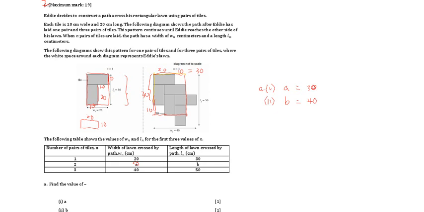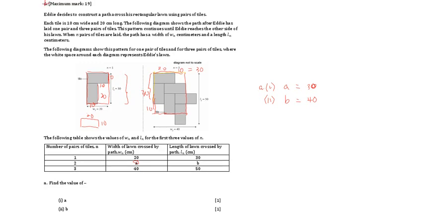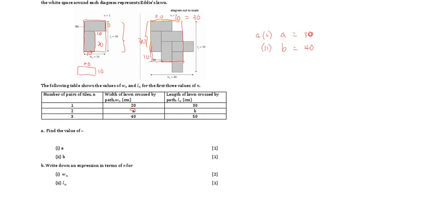Okay, let me move this to find the next question. Write down an expression in terms of n for W sub n. So there is a pattern here. We have 20, 30, 40. We can see that the difference is 10. So W sub 1 is 20 plus n minus 1 times 10.